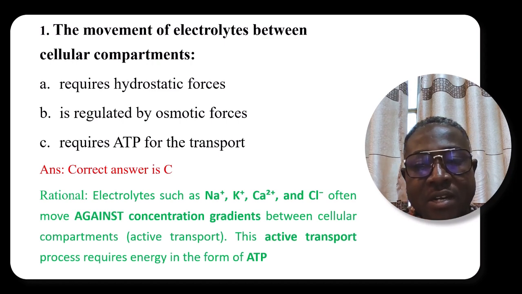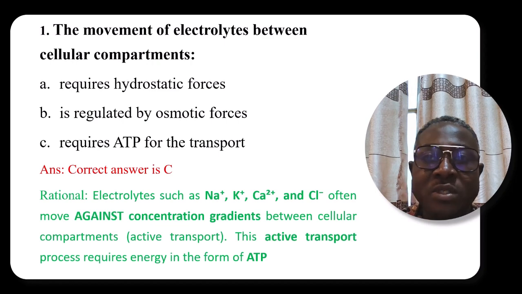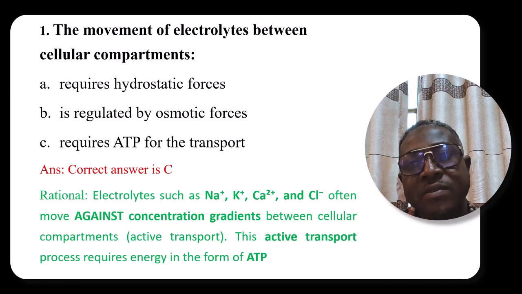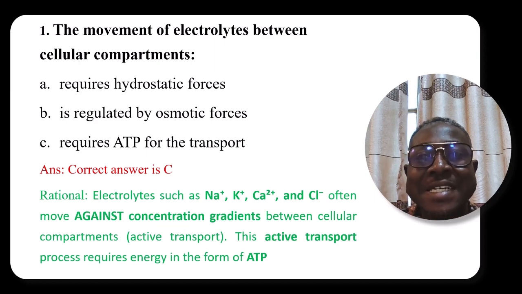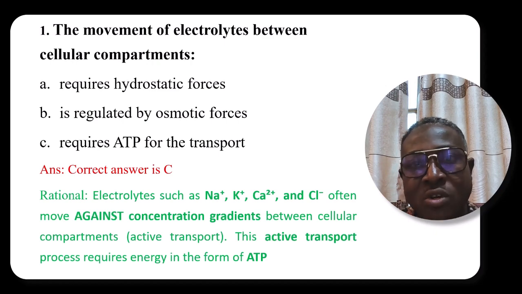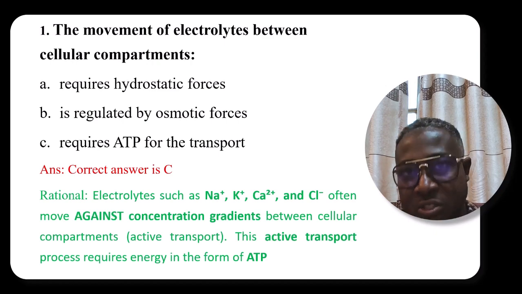And you know, with transport we have the passive transport and we have the active transport, but this one is active transport. So normally substances move across the cell membrane with a concentration gradient, that means moving from a higher concentration to a lower concentration.